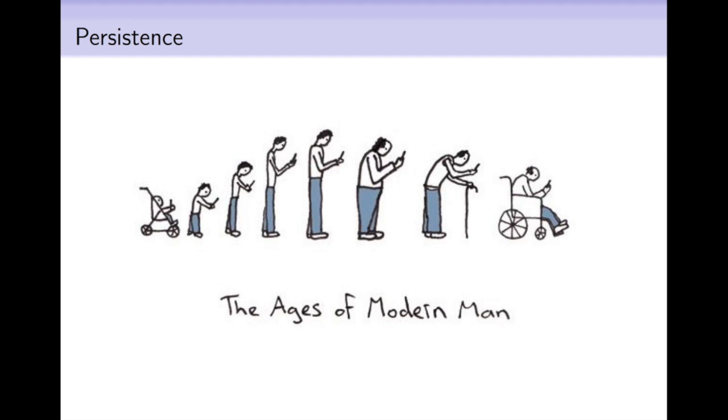So the person is the whole thing, from the baby stage all the way to the old man stage. Sometimes it's called a worm view. The idea is that the object, the person in this case, is like a spatiotemporal worm. It has, at least hopefully, a long extent through time, as well as, for regular objects like people, a certain extent in space.